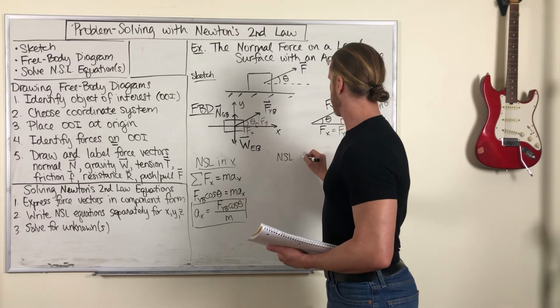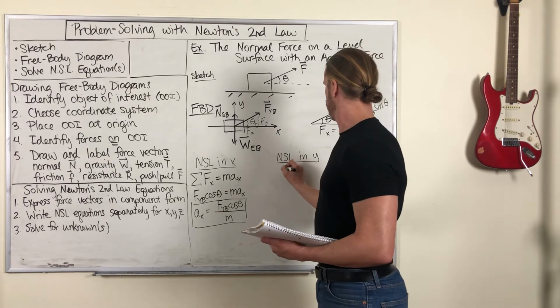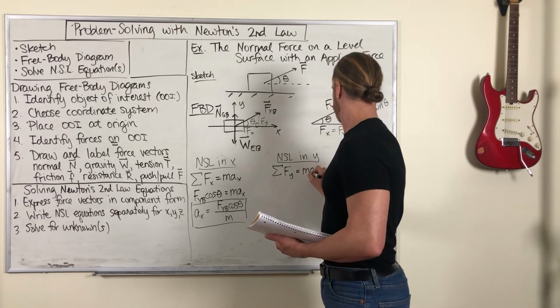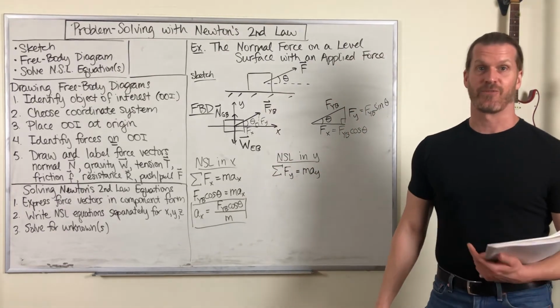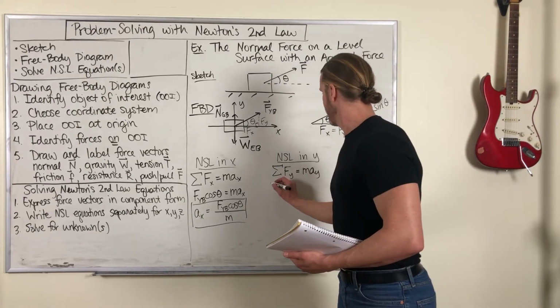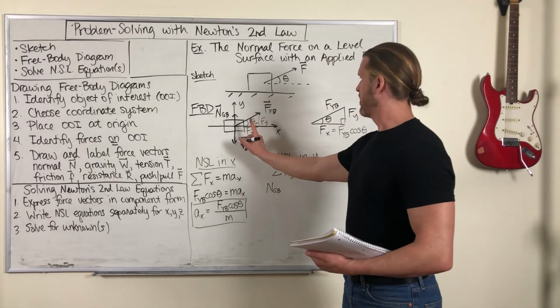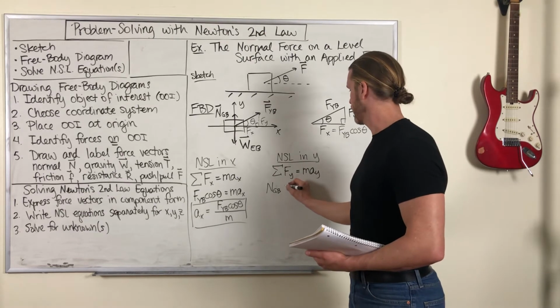We can do Newton's second law in the y direction. And there are three forces in the y direction. There's normal, that's positive. There's the y component of that applied force.